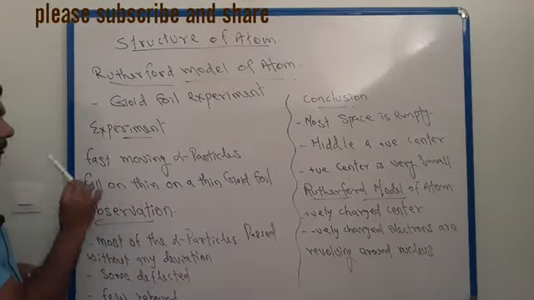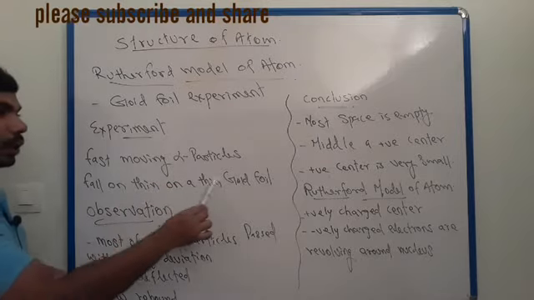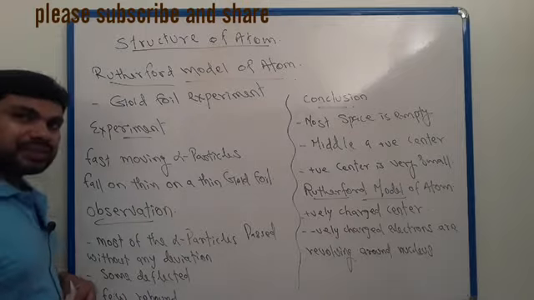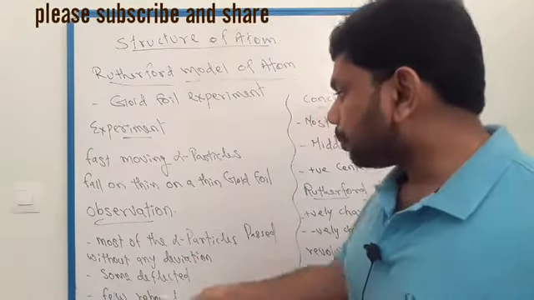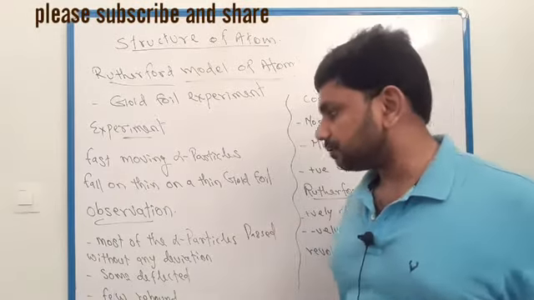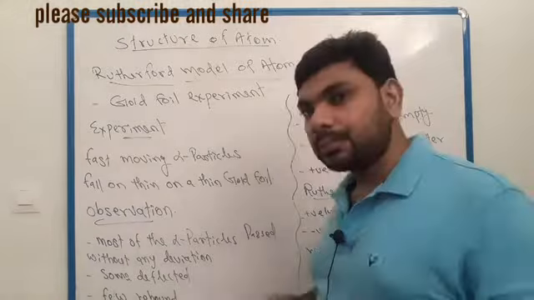Experiment: he passed fast moving alpha particles through a thin gold foil. From this experiment, the observation was that most of the alpha particles passed without any deviation. Some of the alpha particles deviated.